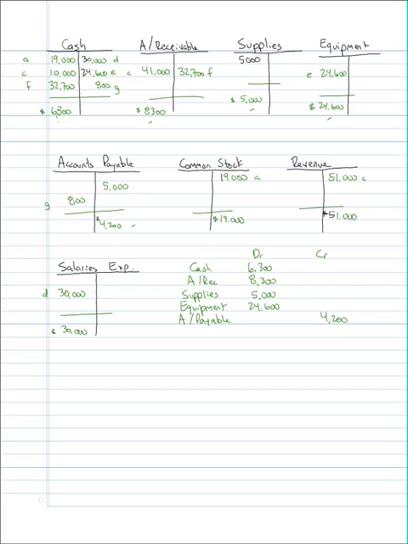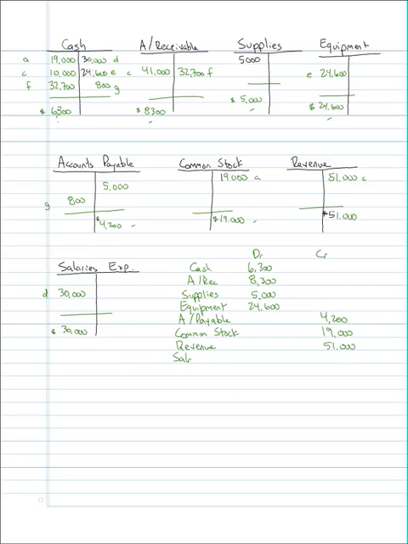Accounts payable has a $4,200 credit balance. Common stock has a $19,000 credit balance. Revenue has a $51,000 credit balance.